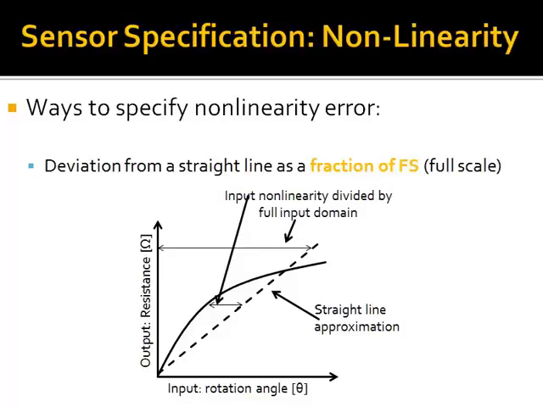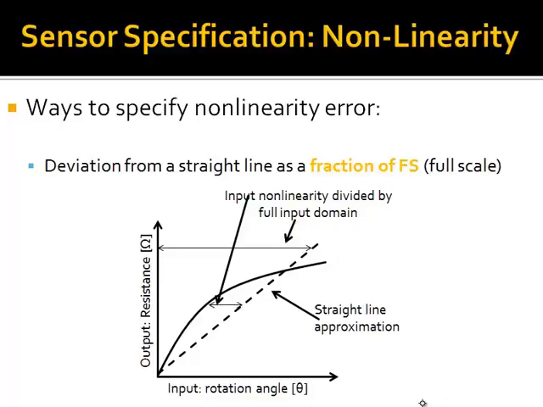If we specify the nonlinearity error as a fraction of full scale, the way we would do this is we would take the entire sensor range, that is, in this case, the minimum to the maximum input units that the sensor can measure, and we'd take the nonlinearity in the x-axis, and we'd express the nonlinearity as a percentage of the complete scale.